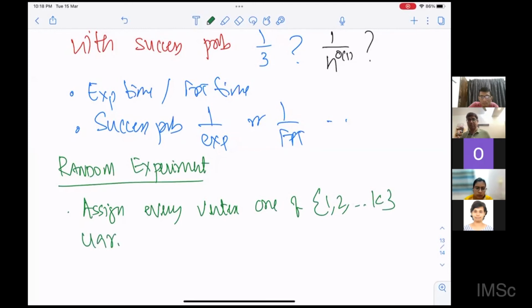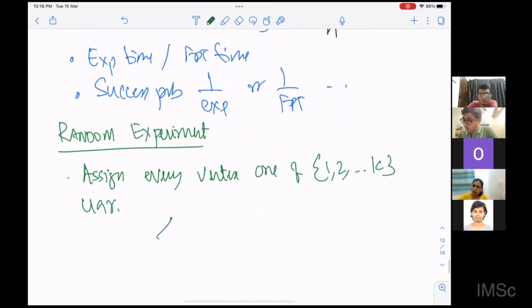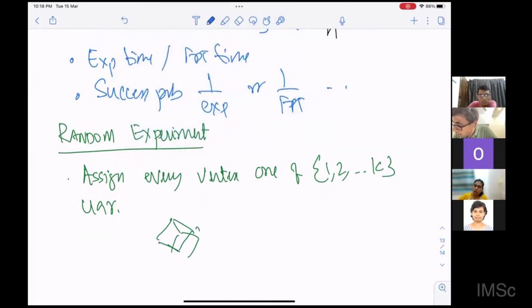That's it. This is my polytime algorithm. So basically, I assign a color i with probability 1/k. Think of it this way: I have a k faced coin. I toss it, where every number comes with probability 1/k, and whatever number comes, I assign to that vertex.